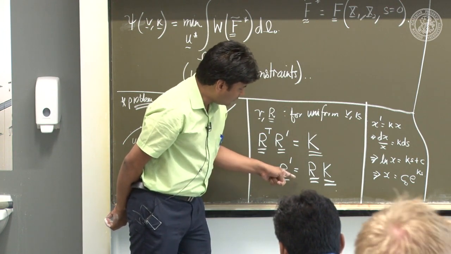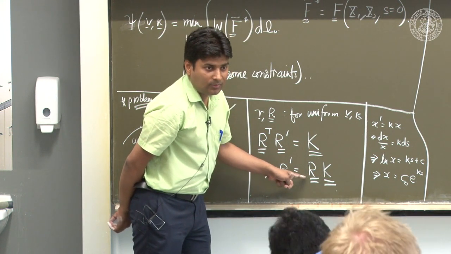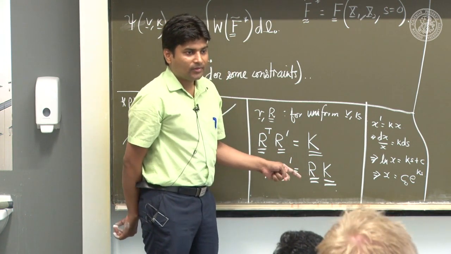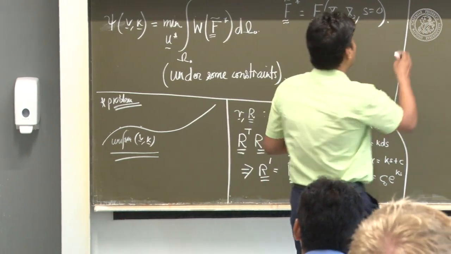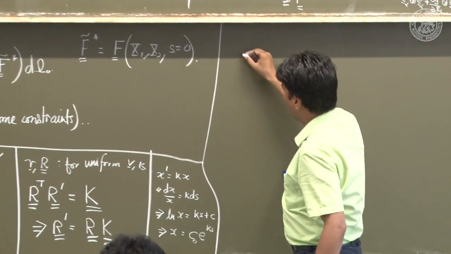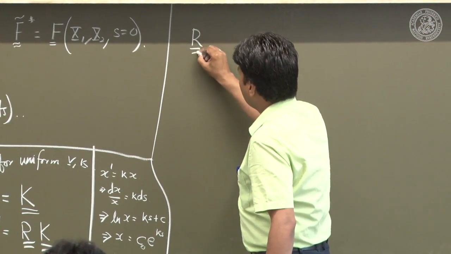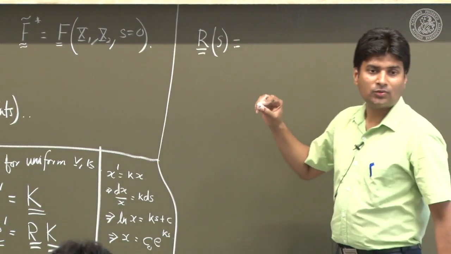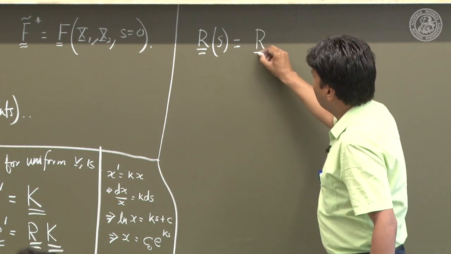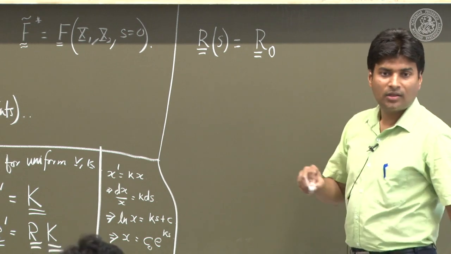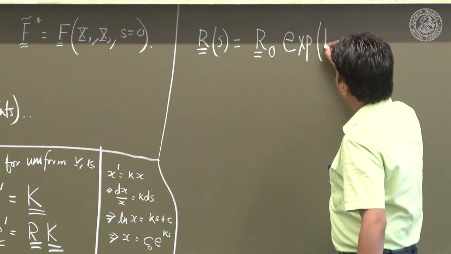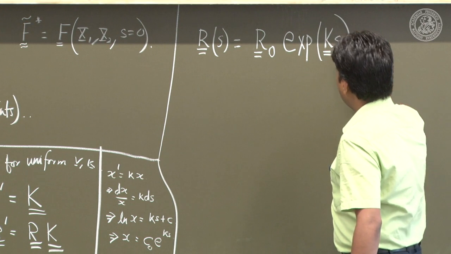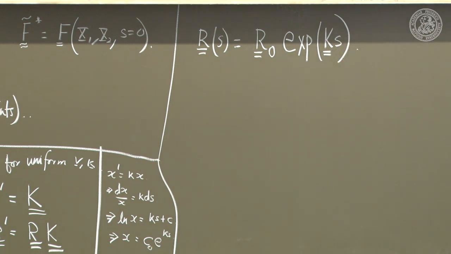You have R prime is equal to the constant k multiplied with the unknown big R. So you can take the idea from here, and when you work out the mathematics, you get a similar solution, that your big R of S will be equal to some big R naught into exponential of k times S. Okay.